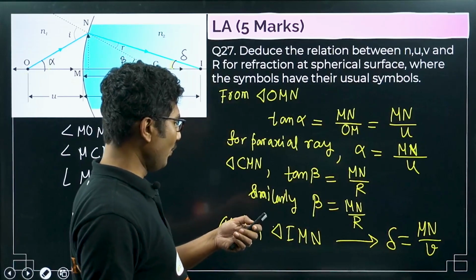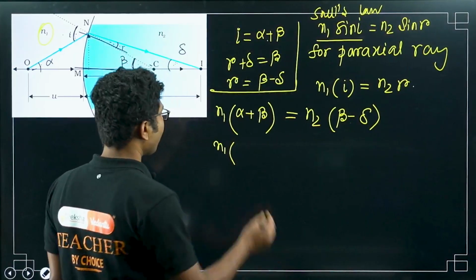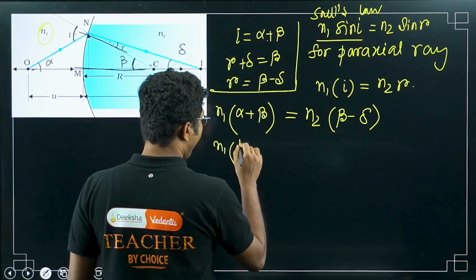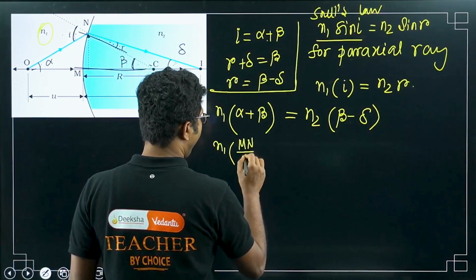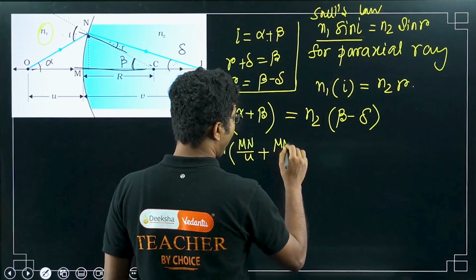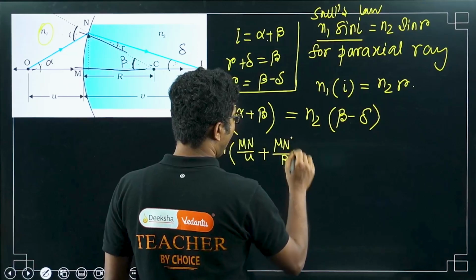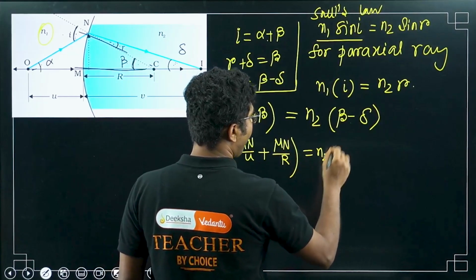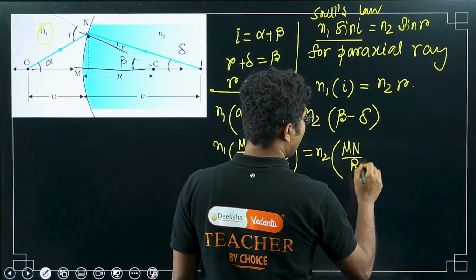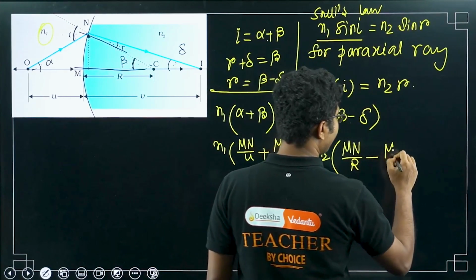For alpha it is mn by u, for beta it is mn by r, same here, mn by r, and for delta it is mn by v.